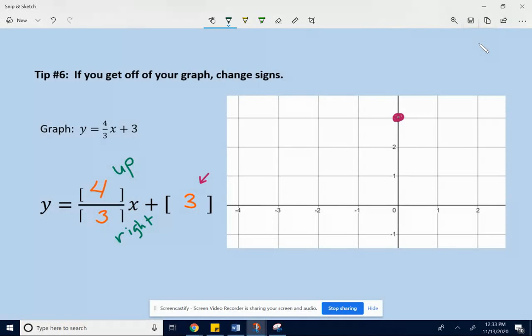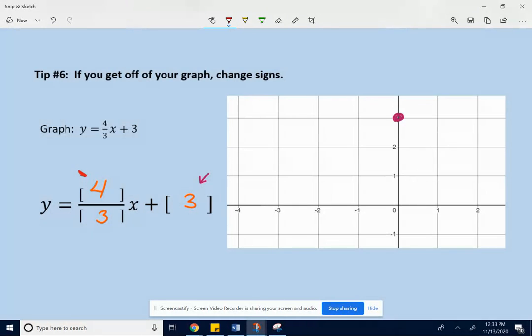Think of 4 over 3 as a positive number. If we have a positive fraction, what would happen if we stuck a negative on top? Well, a negative divided by a positive, I've changed it.